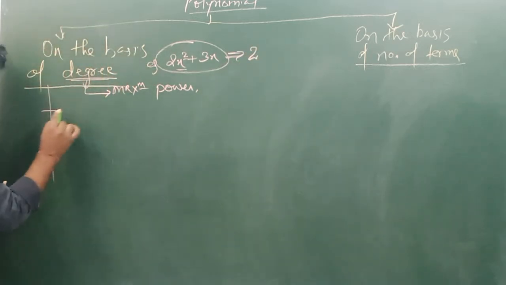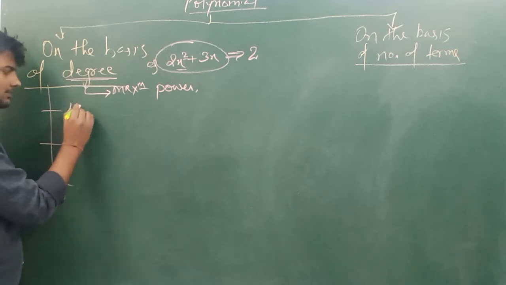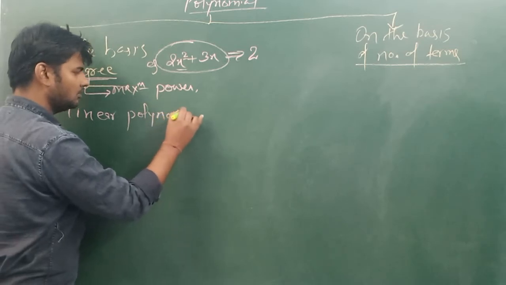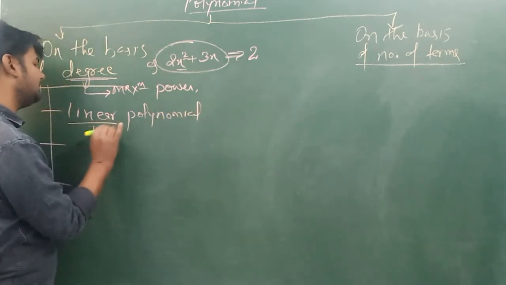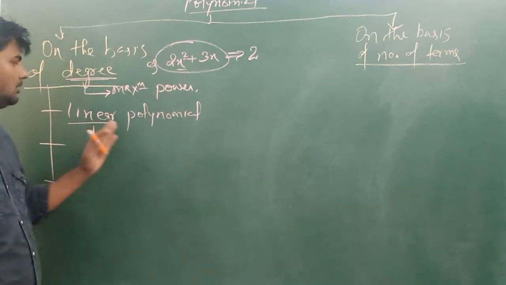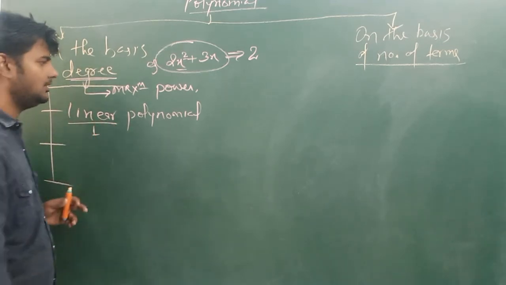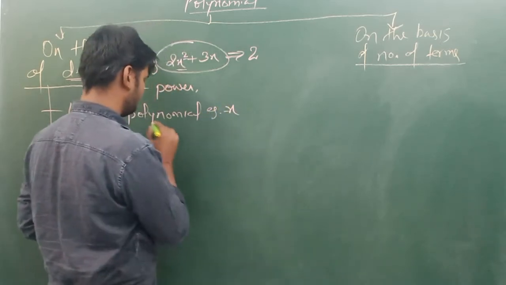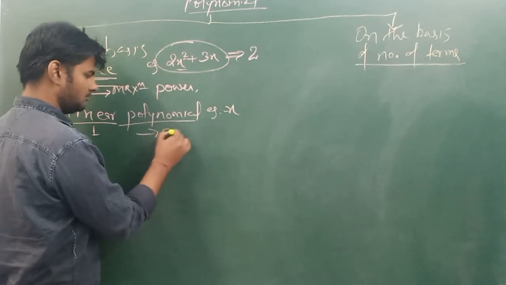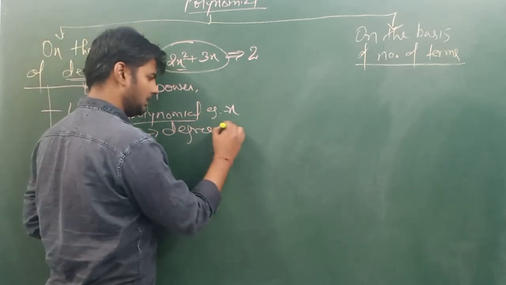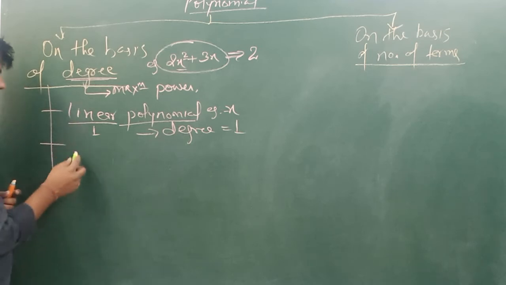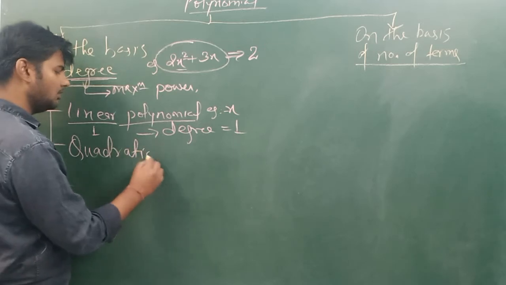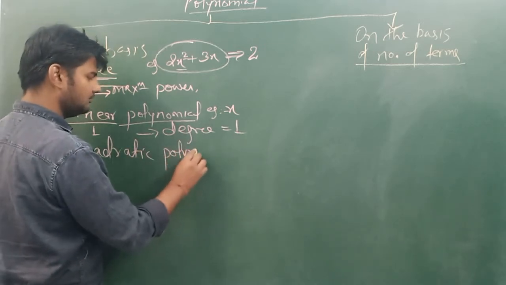So on the basis of degree, the first one is linear polynomial. Here linear represents 1. That means a polynomial having degree 1 is termed as a linear polynomial, like x, degree equals 1. The second one is quadratic polynomial.